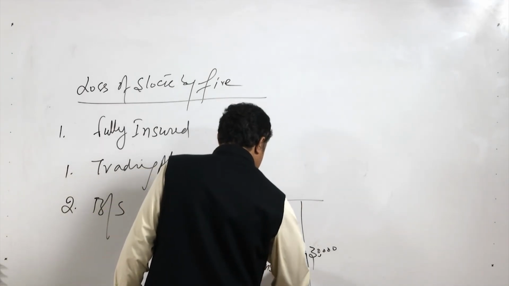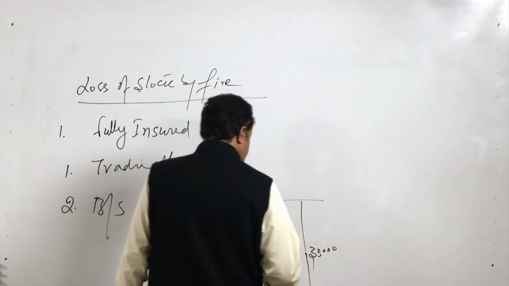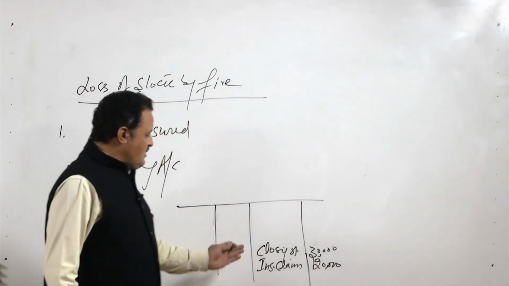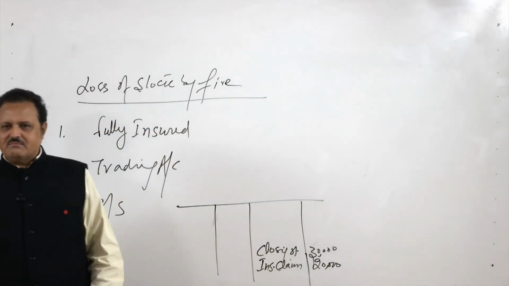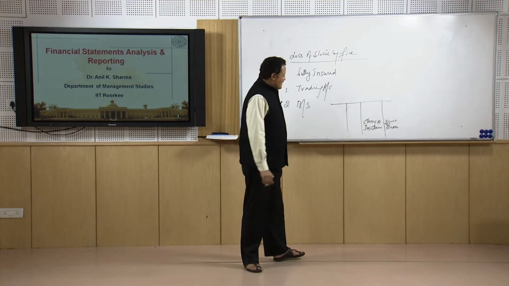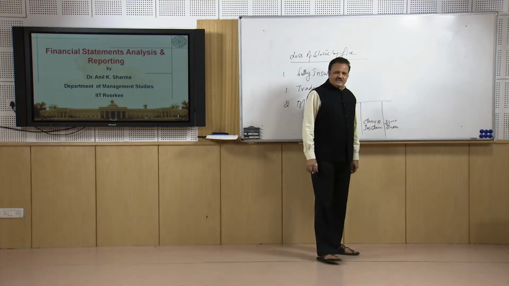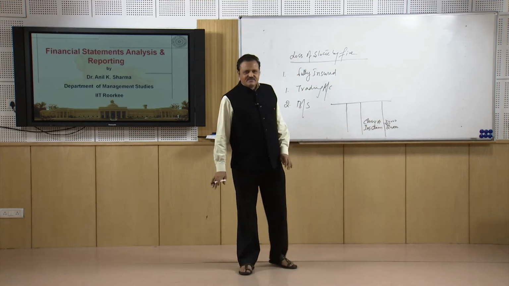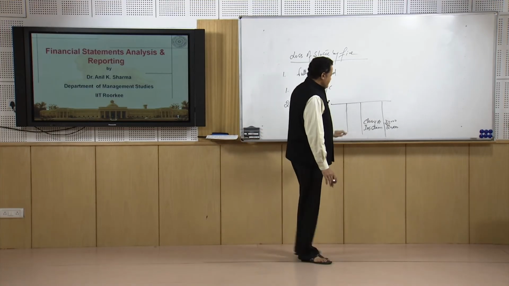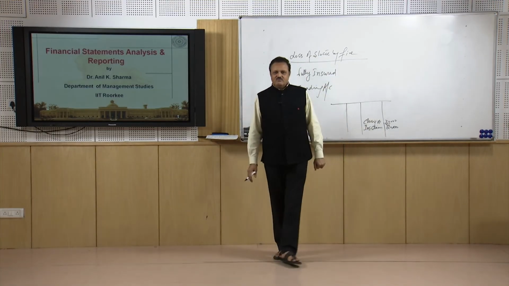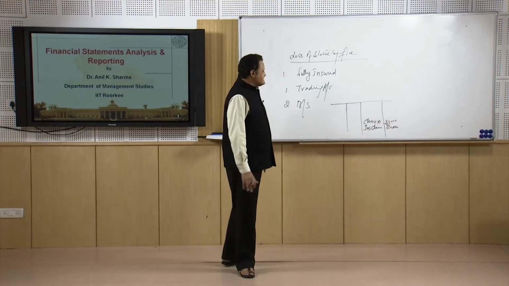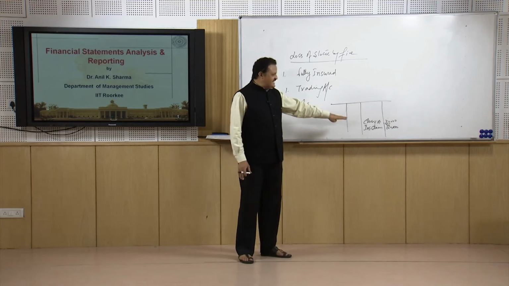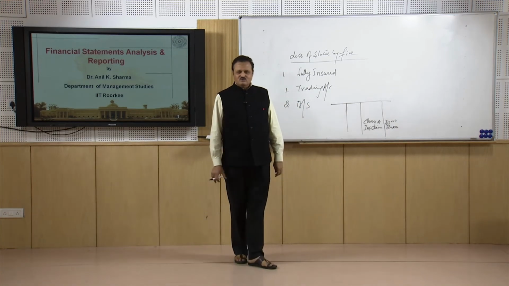The insurance claim which we have received and shown in the trading account will be shown in the balance sheet also, 20,000 rupees. So if there is no loss, closing stock is 50,000. But if there is a loss and the insurance company is going to compensate that loss, then finally the stock is 30,000, and 20,000 rupees we are going to recover from the insurance company as an insurance claim. So the first effect is in the trading account, the second effect is in the balance sheet on the asset side, and no effect in the profit and loss account.